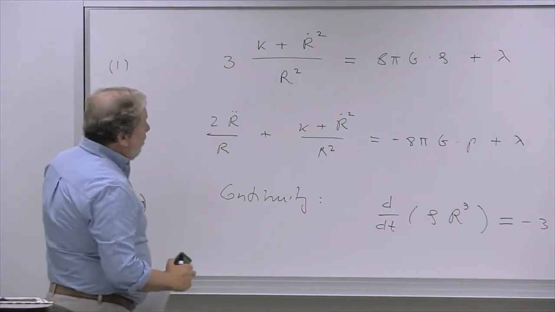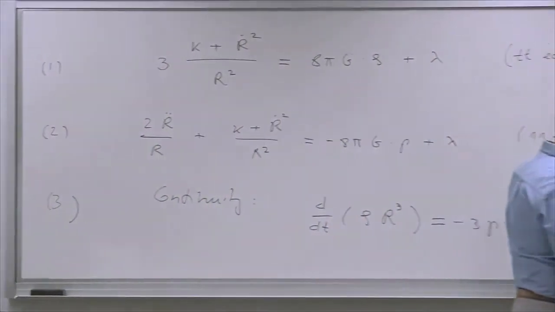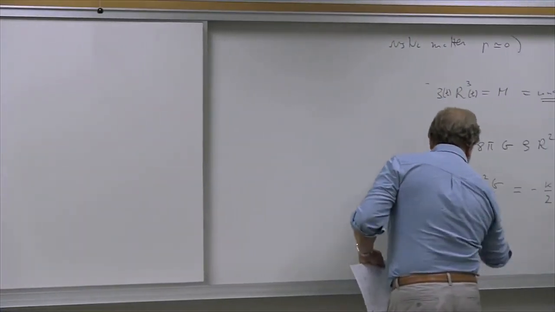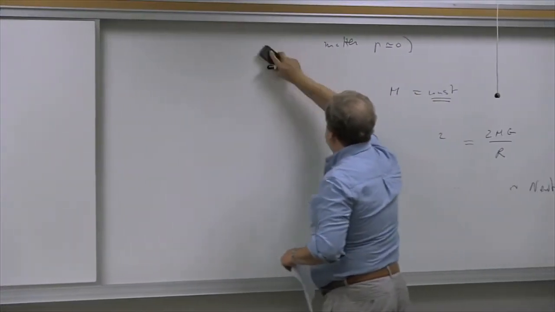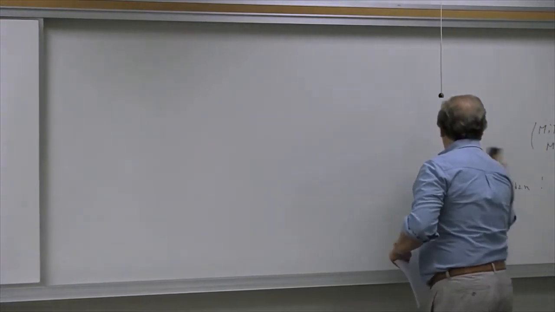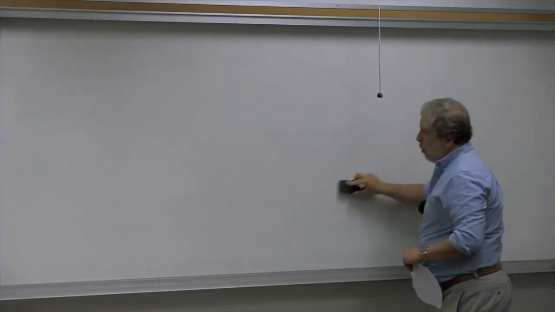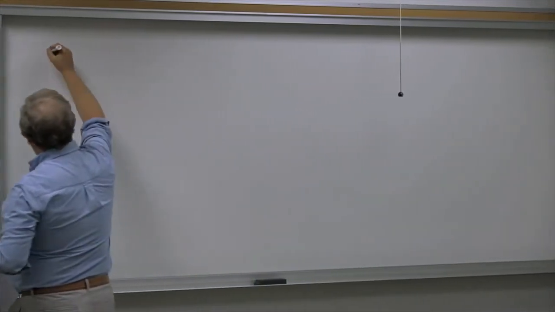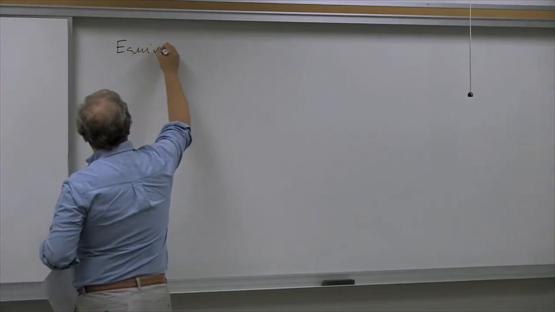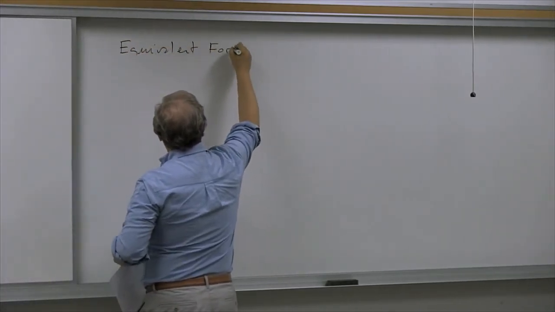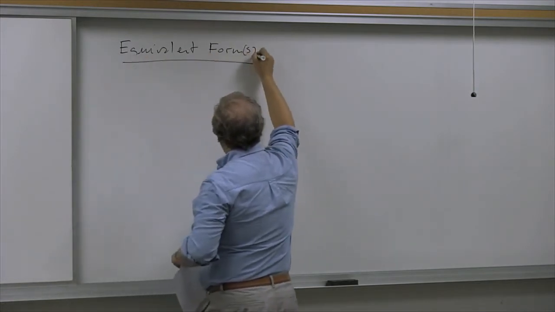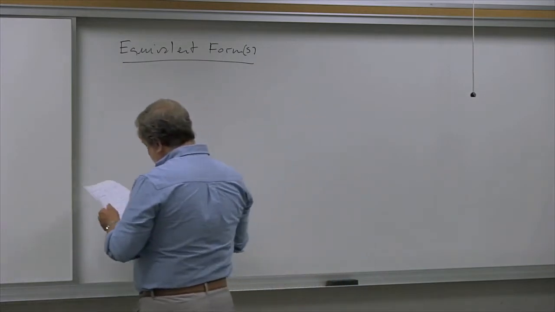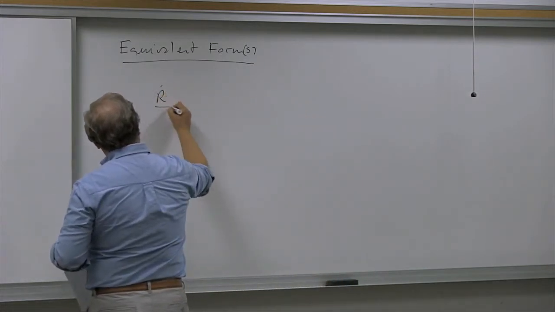And so now we'll come back to the full case, and so let's look at an equation that just gives the acceleration. I'm going to leave those equations on the other board, and let me write some equivalent form for it. Equivalent form is that we can write r dot over r.